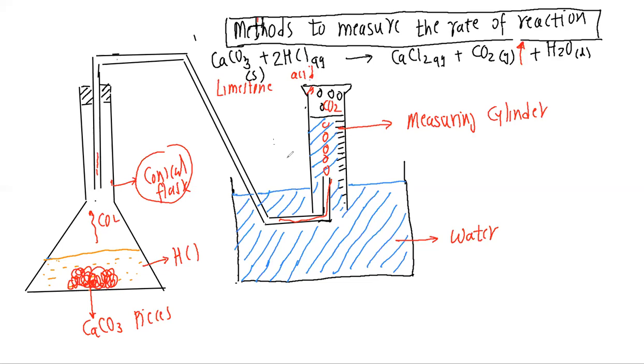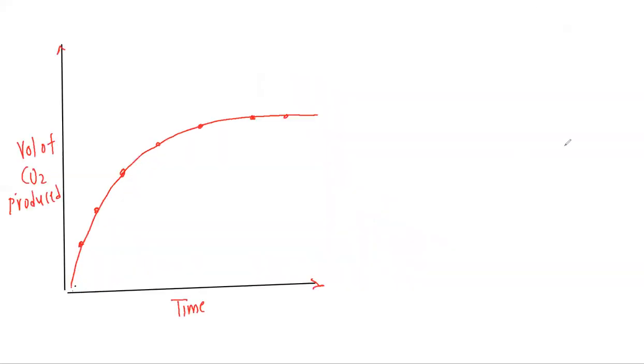Now let's see how we can measure. You can clearly see on this graph, the graph of volume of CO2 produced versus time. Time can be in seconds or minutes, depending on the experiment.